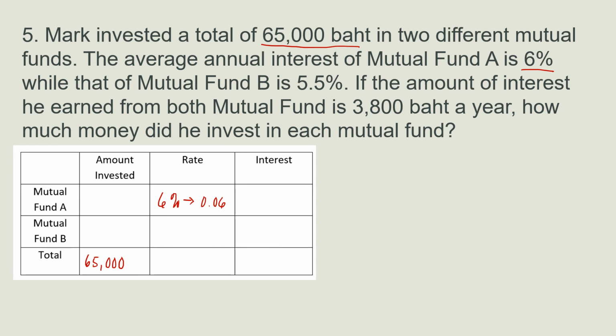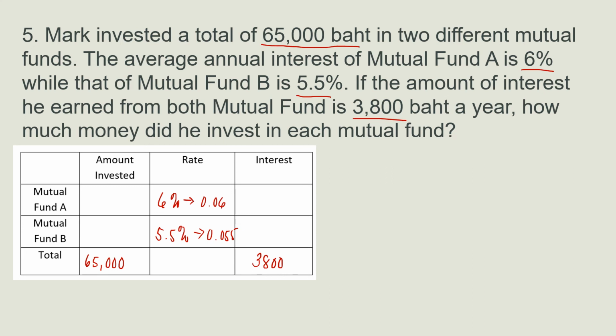Then next, for mutual fund B, we have 5.5%, or in decimal, 0.055. Next, we are also given the total amount of interest for both mutual funds, which is 3,800 baht.